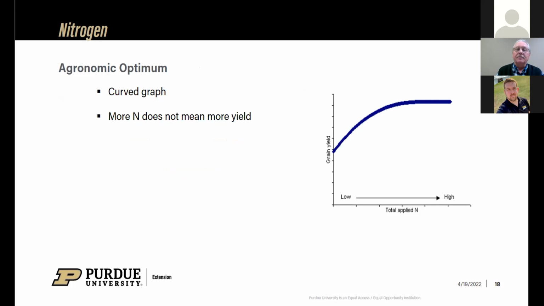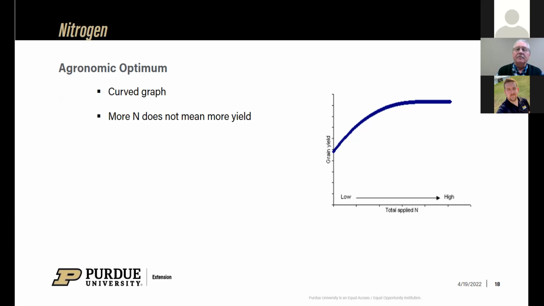Because it really looks like a curved graph. More nitrogen does not always mean more yield. Eventually you get to a point where you've applied so much that the plant can't take it all up. And that applies for all of our nutrients. At some point, it levels off.